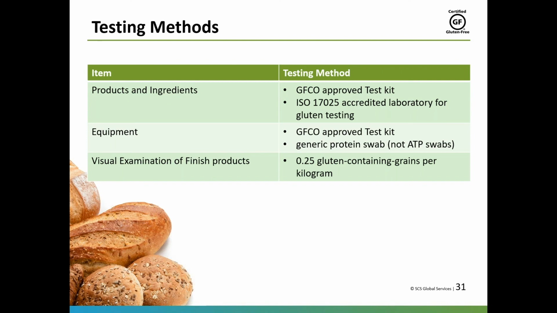Or if you'd rather have those tests done in an accredited laboratory, that is fine as well. You'll just have to send those samples to an ISO 17025 accredited laboratory for testing.